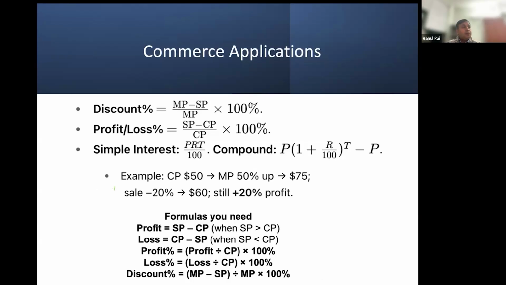So you're basically solving using percentage. That's the mathematical machinery that you're using to solve the commerce application problems of discount, profit, loss, simple interest, and compound interest. So this is another variation where you're using the fundamental knowledge of percentage calculation to solve this category of problem. Okay, so now let's move on.